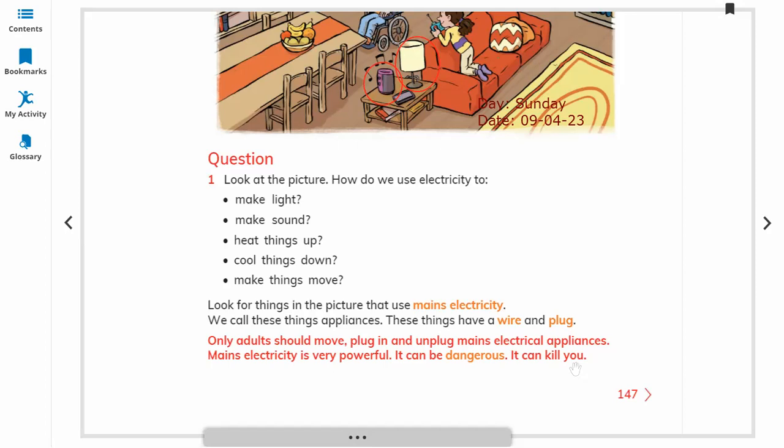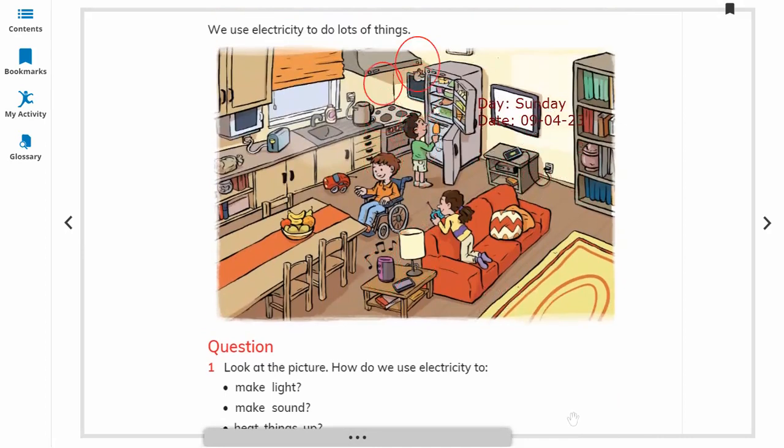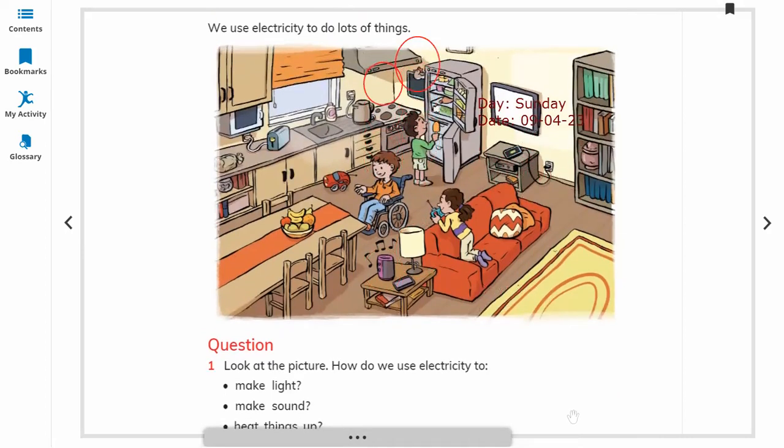Without the supervision of an adult, you should not touch those things that have electricity, like plugging and unplugging things, or those things that are using main electricity, like toasters. And you should be very careful. You should not touch those appliances with your wet hands.